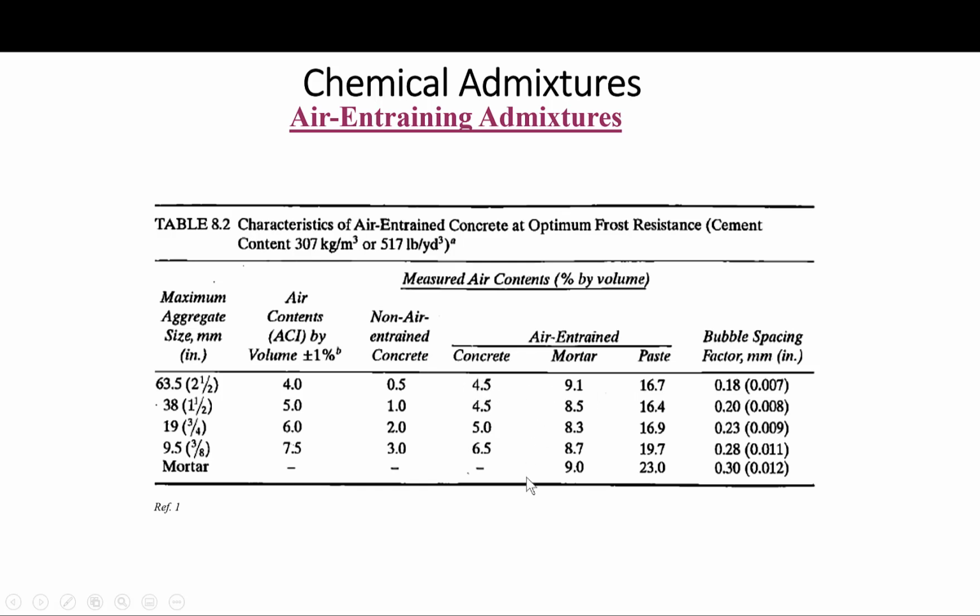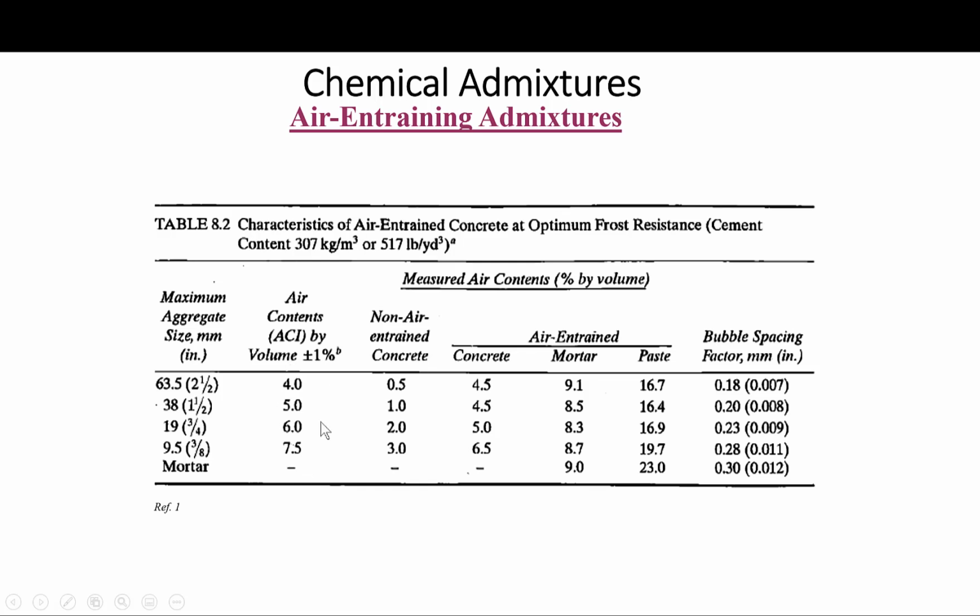And I said it's typically reported as a percentage of the volume of the concrete. As you can see, when we decrease the maximum size of aggregate, you could see an increase in the required air-entrained content for optimum frost protection. See this increase right here.